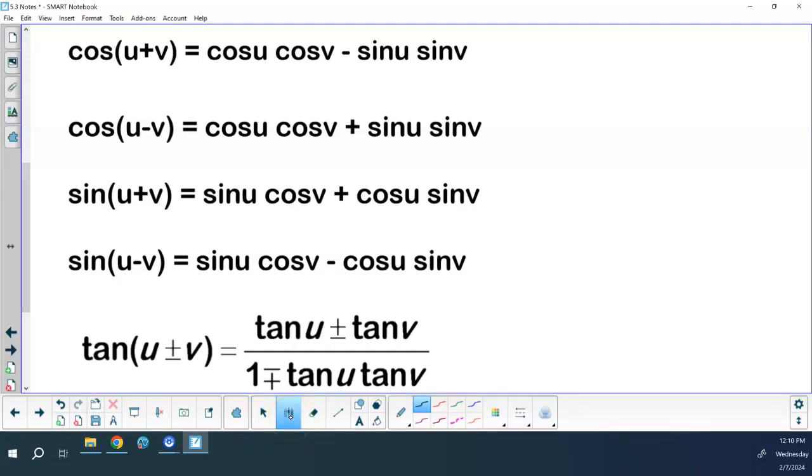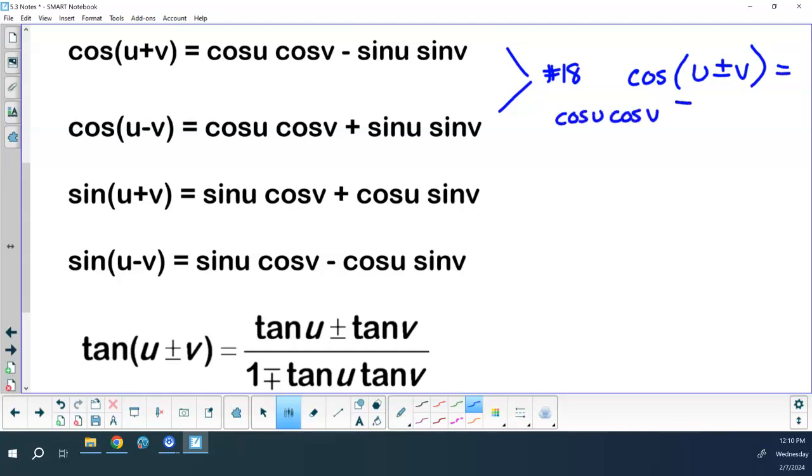So for instance, these two, the cosines, are number, I believe it's 18 on your sheet, but we have it written as the cosine of u plus or minus v is equal to the cosine of u times the cosine of v minus plus the sine of u times the sine of v.